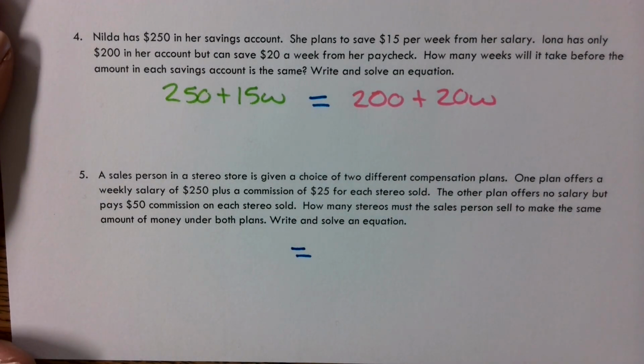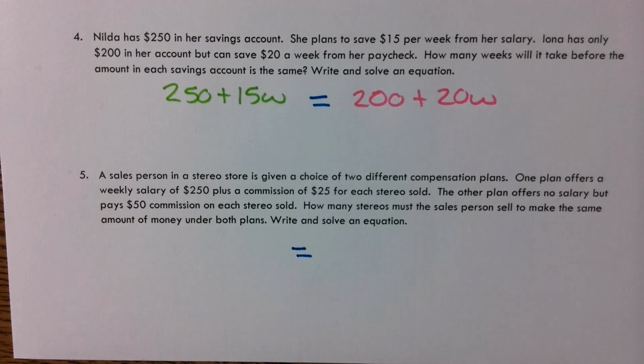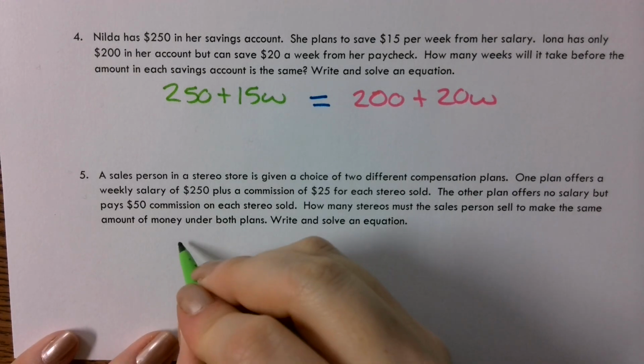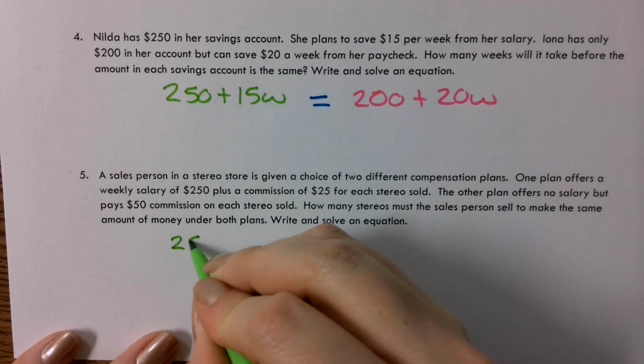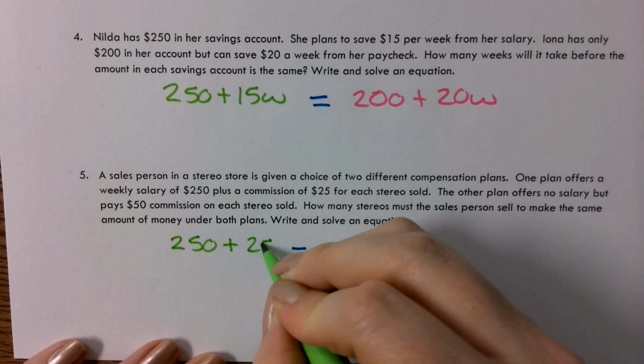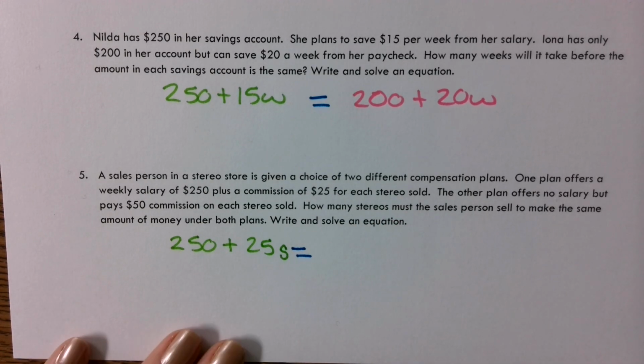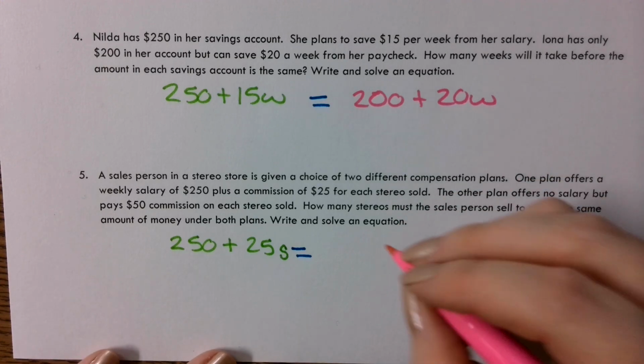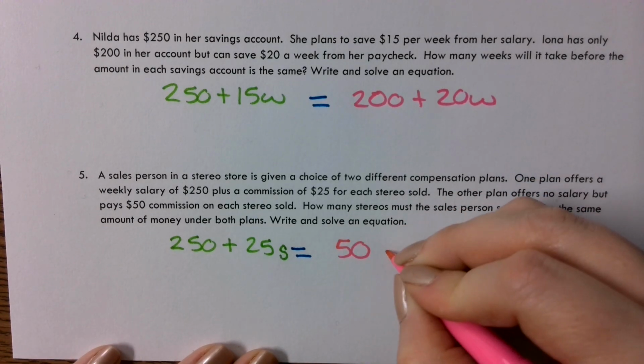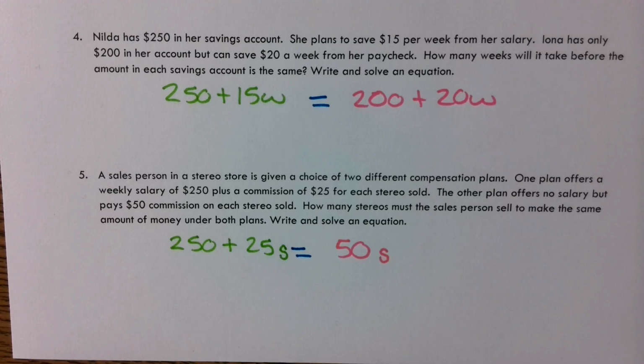What's our last one going to be set equal? Demi? I got 250 plus 25x equals 50x. Okay, good. And again, you might have a different letter that you chose. It's perfectly fine.